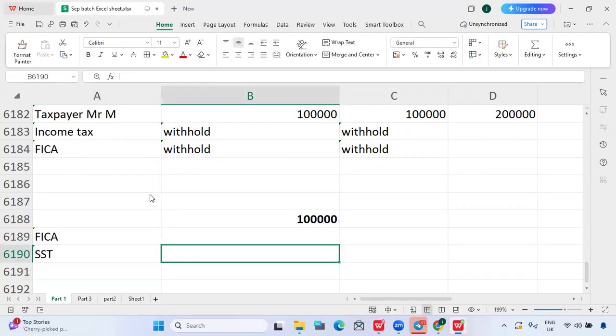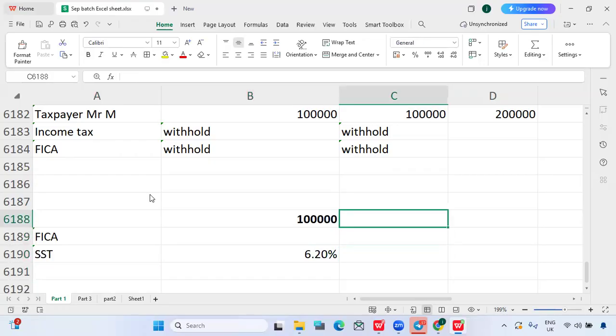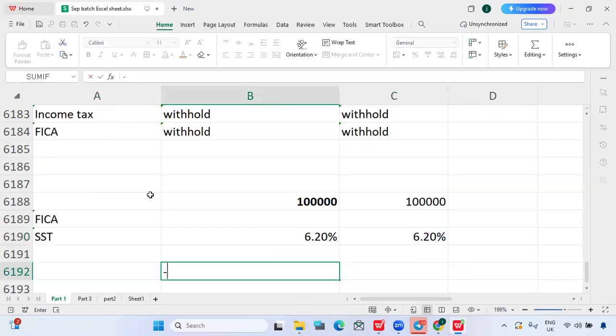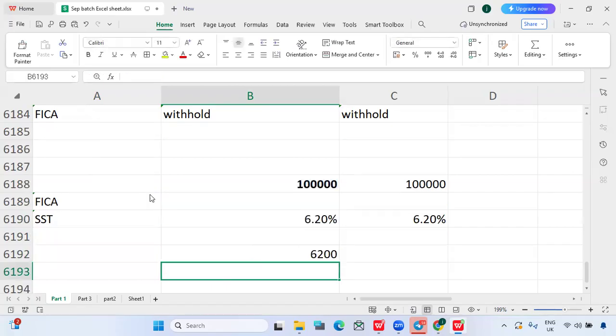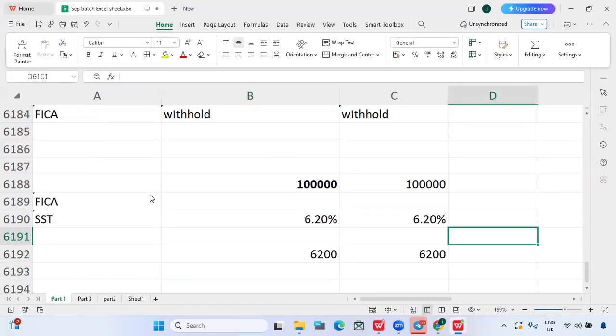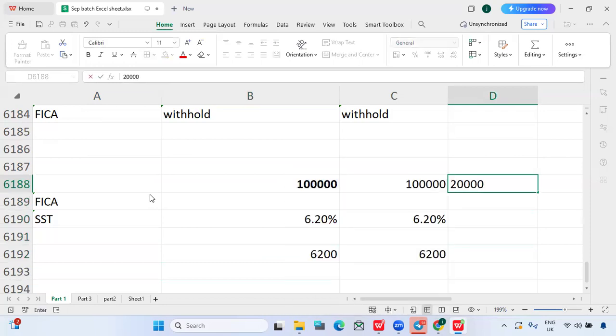There is an employee portion and an employer portion. The employee portion is 6.2 percentage, which they will apply. At XYZ LLC, $100,000 times 6.2, and at ABC LLC also $100,000 times 6.2. So the total amount is $200,000.